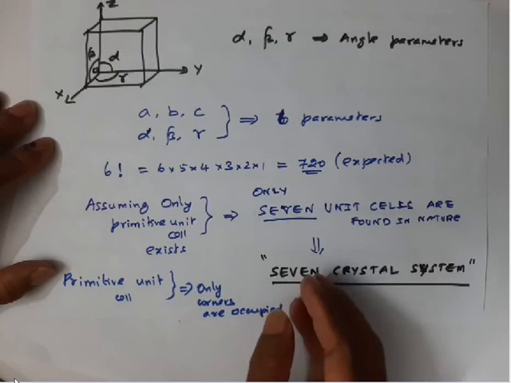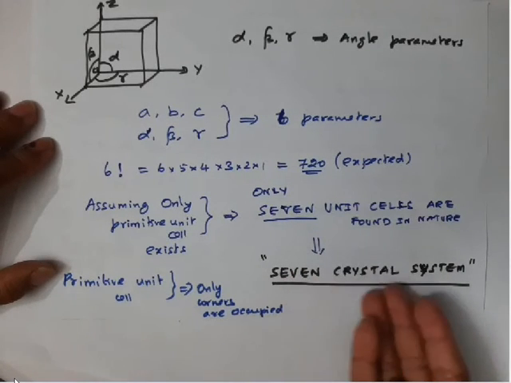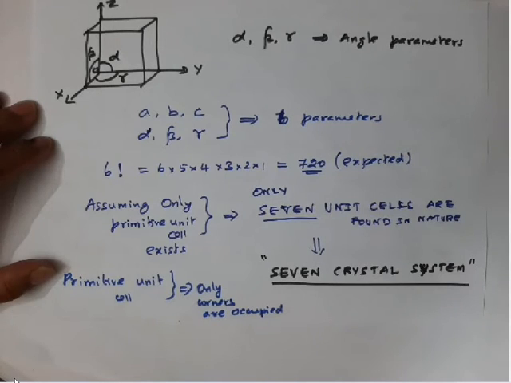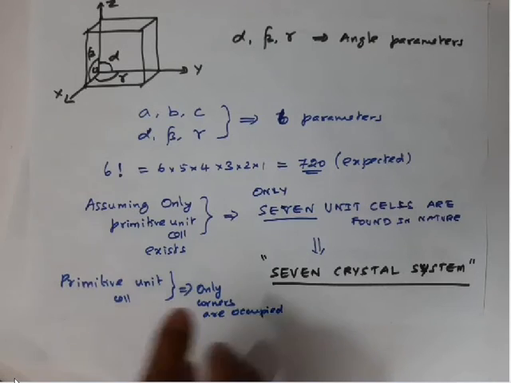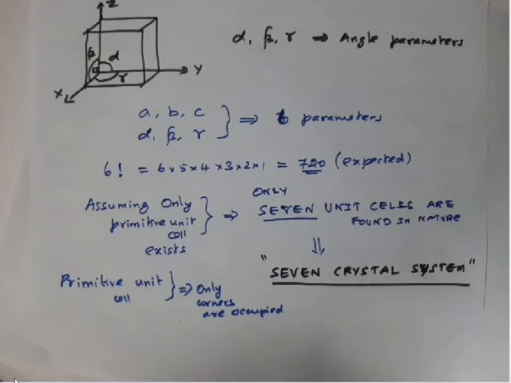Therefore, scientists have given the term 7 crystal systems. So there are only 7 crystal systems in nature. Whatever crystal you take, calcium carbonate, sodium chloride, the crystal must belong to these 7 different types. But they made one assumption, that only primitive unit cells exist.